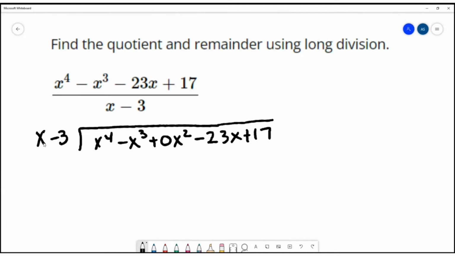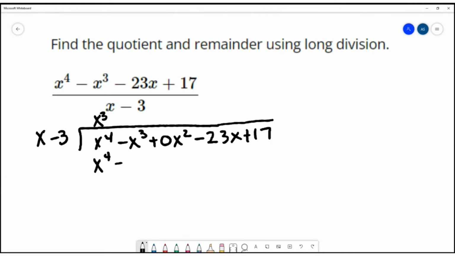So we're going to focus on the first term in each one of these polynomials. X divided into x to the 4th is x cubed. Or what times x will give you x to the 4th? That's x cubed. We'll multiply x cubed times each one of these. X cubed times x is x to the 4th.